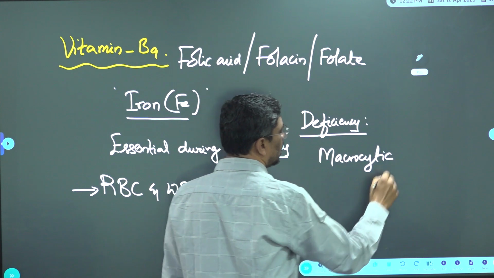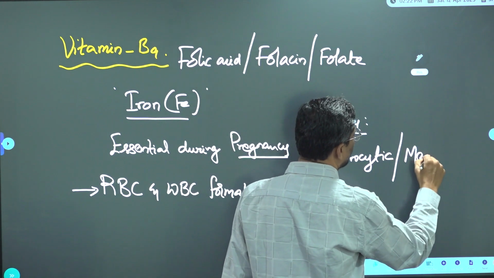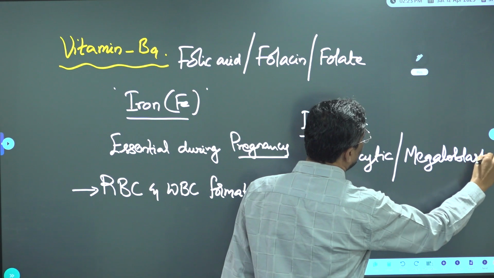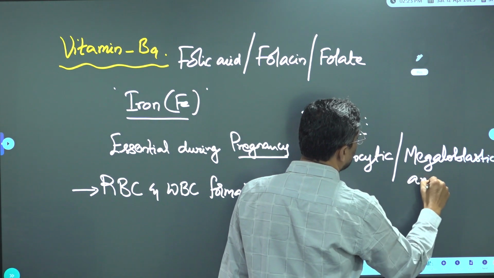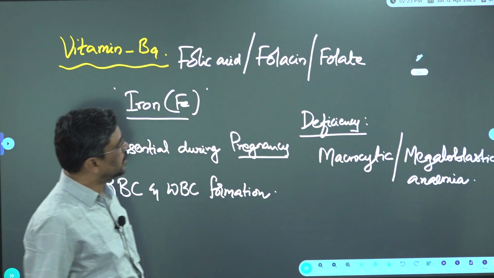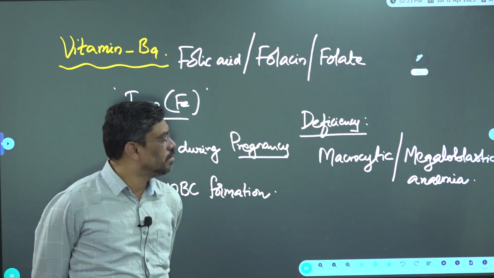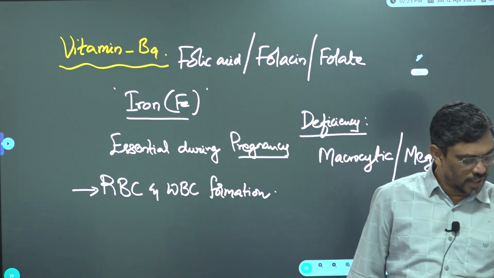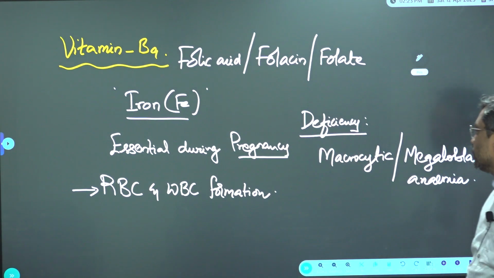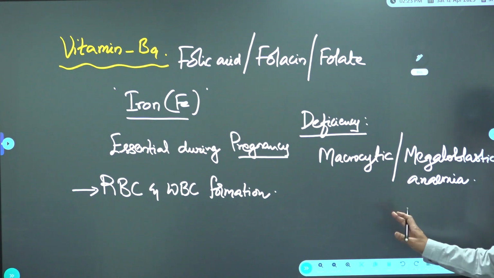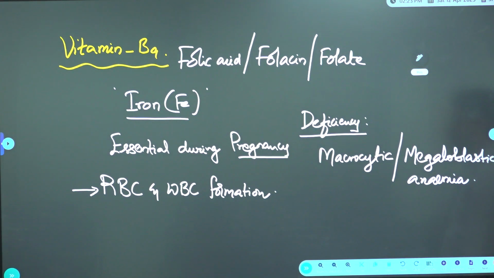Macrocytic, or it is also called as megaloblastic anemia. That means the size of the RBC increases. It leads to anemia, decrease in RBC count. They call macrocytic or megaloblastic anemia.